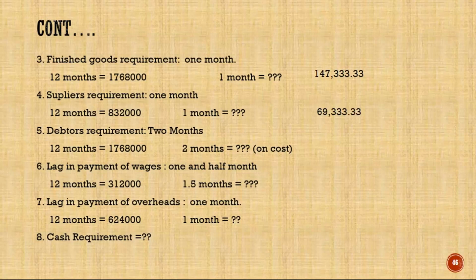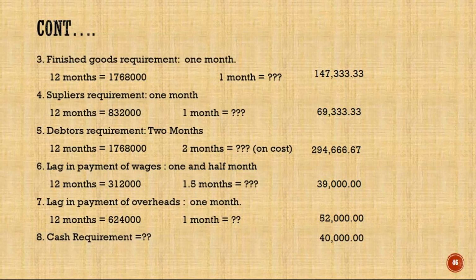Supplier requirement is 69,333.33. Debtors requirement 2,94,666.67. Lag in payment of wages 39,000. Lag in payment of overhead 52,000. And cash requirement, there is no need to calculate. It is already given, it is 40,000.